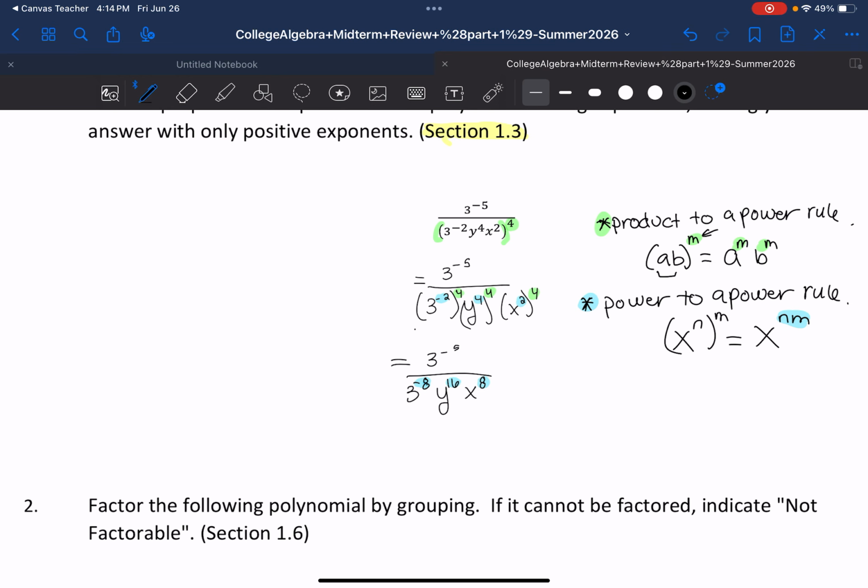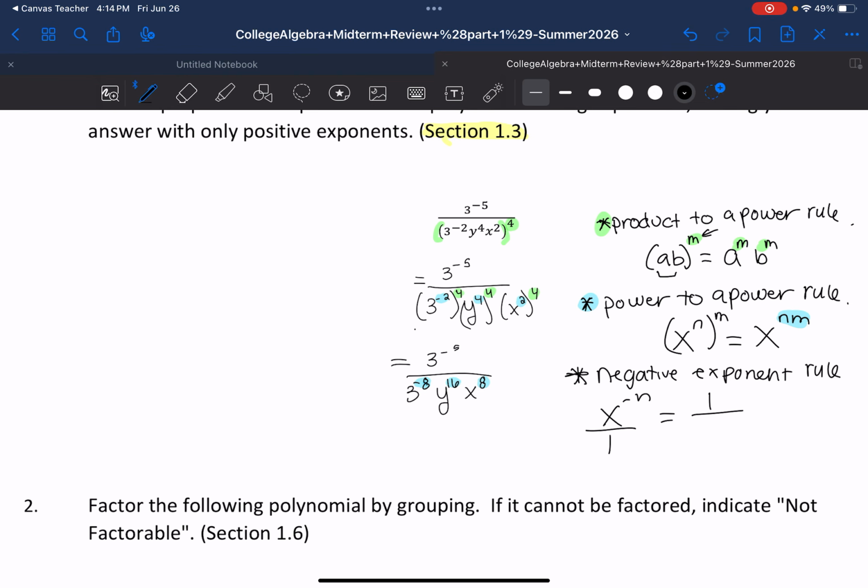Okay, and then finally, the last thing I would do now is get rid of my negative exponents, because the rule for negative exponents tells us that if I do have x to the negative n power, that I can flip this upside down in a fraction, and since this doesn't have anything, I could put it over 1.